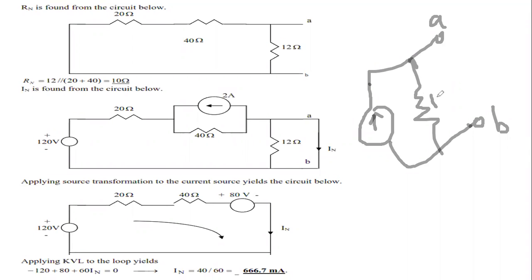Rn I have already found, this is 10, and this is 666.7. Okay, so this is the Norton's equivalent circuit.